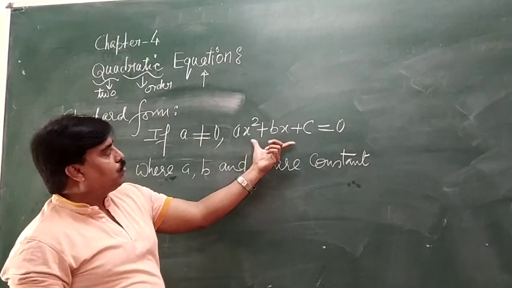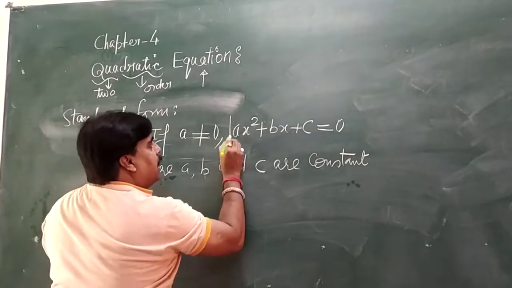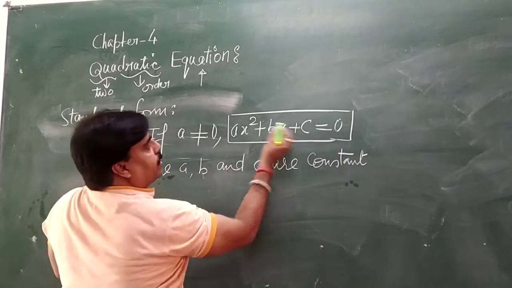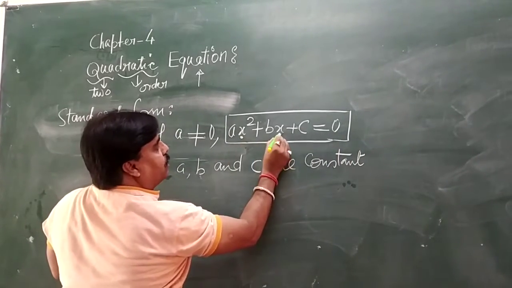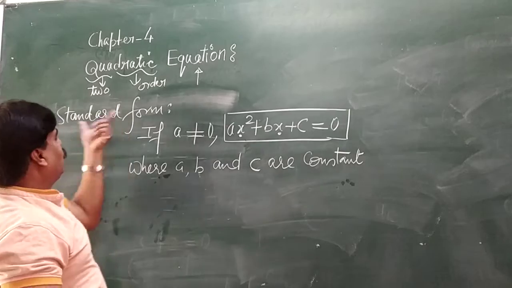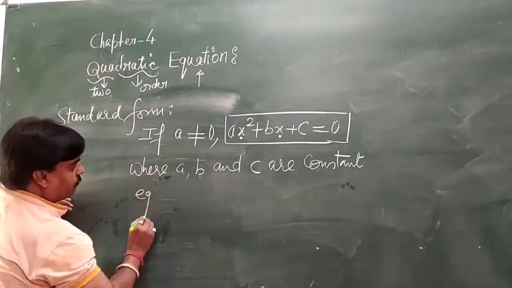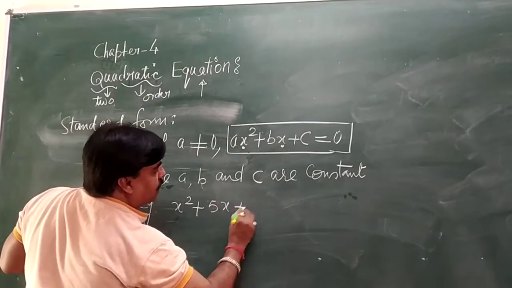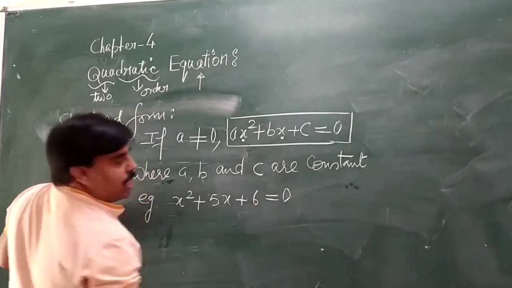This is the standard form of the quadratic equation. If your equation is in the form ax square plus bx plus c, where the variable is x, one variable, then that equation will be a quadratic equation. For instance, x square plus 5x plus 6 is equal to 0 is a quadratic equation.